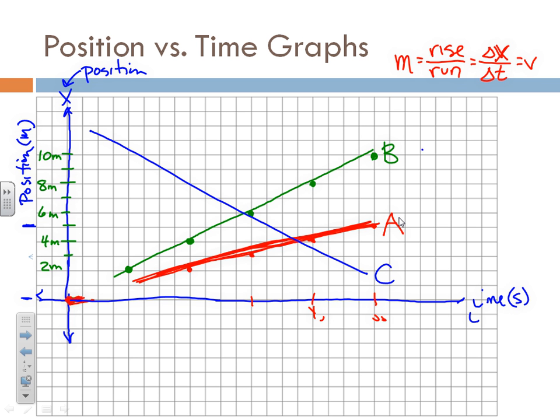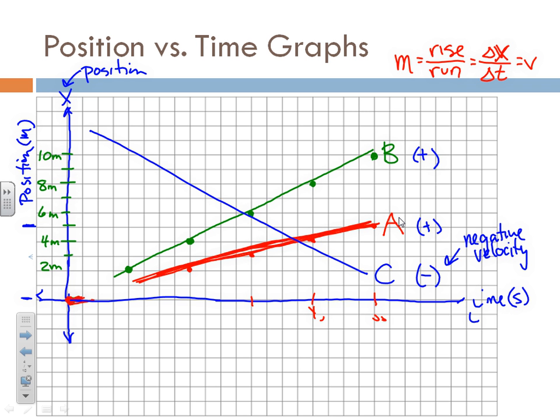So if these guys had positive slopes, right, then this one, C, must have a negative slope. And if it has a negative slope, that must mean that it has a negative velocity. So that could mean a lot of things depending on what object you're looking at, but it means that it's moving in the negative direction.